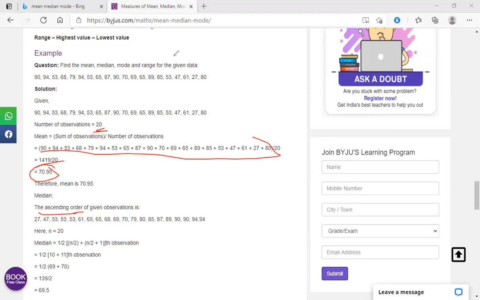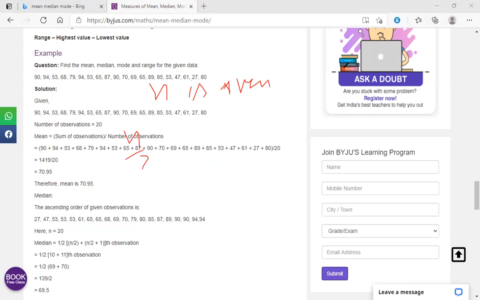The total number of data is 20. So 20 is what, even or odd? It's even. Okay. So if n is even, then the median will be the n by 2th.